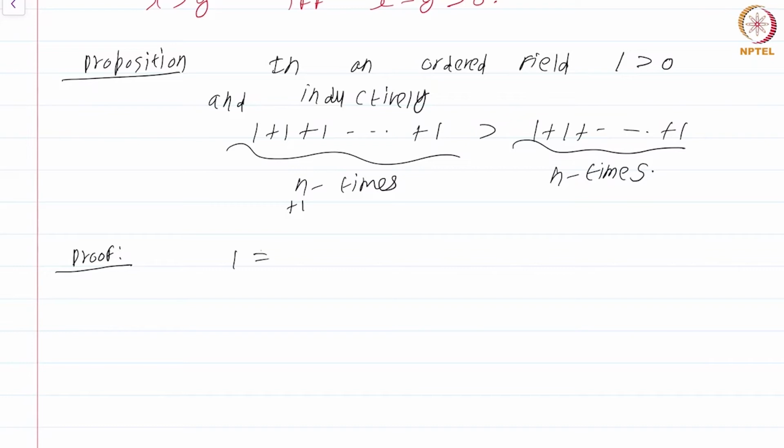Now 1 is certainly not equal to 0, because that was one of the hypotheses in the field axioms. And by total ordering, that means either 1 is less than 0 or 1 greater than 0. Suppose 1 is less than 0.